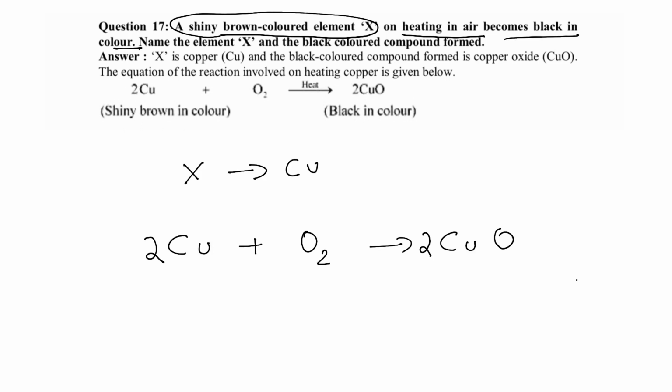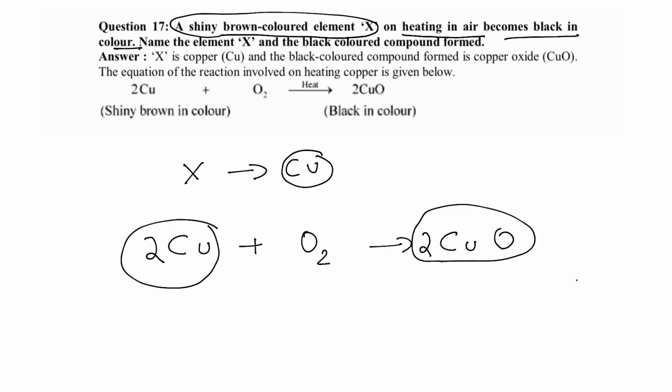Name the element X, that is copper, and the black colored compound formed, that is copper oxide. Remember, copper oxide is black in color and copper is a shiny brown colored metal or element. Remember those points, and you can expect this question. It's a very good question.